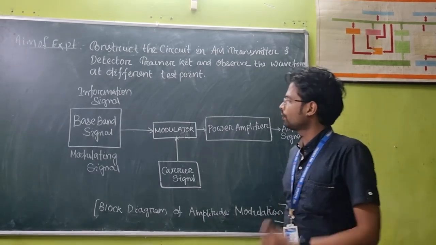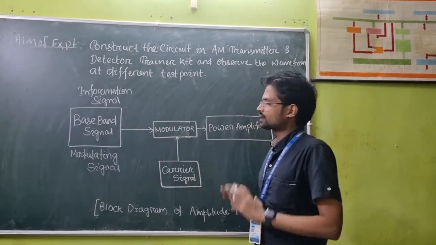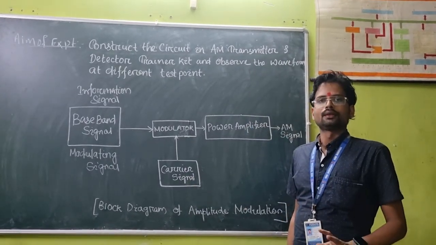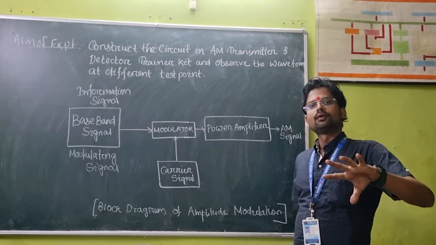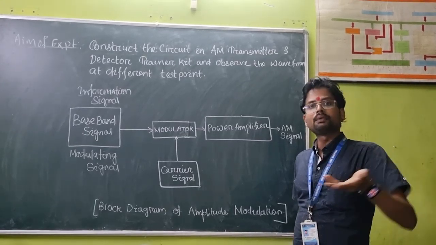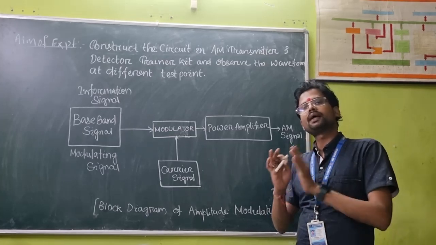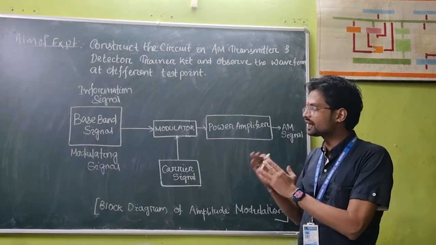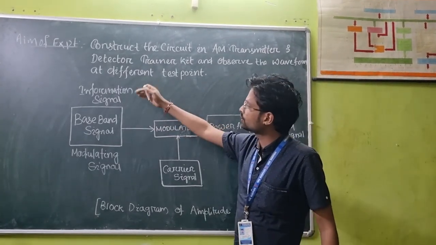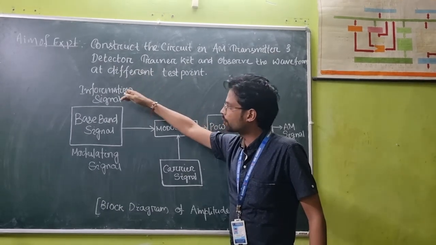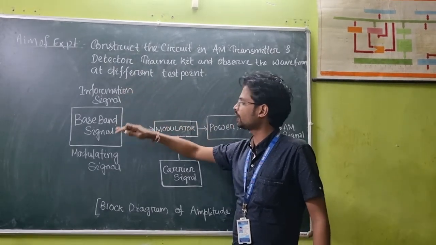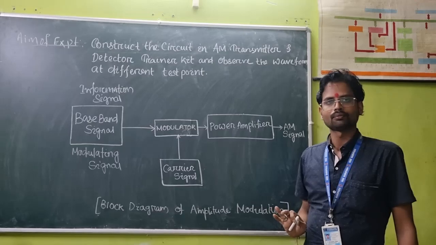Now, as per the concept of modulation, the carrier's parameters like amplitude, phase and frequency will change with the instantaneous value of the information signal, baseband signal or modulating signal.